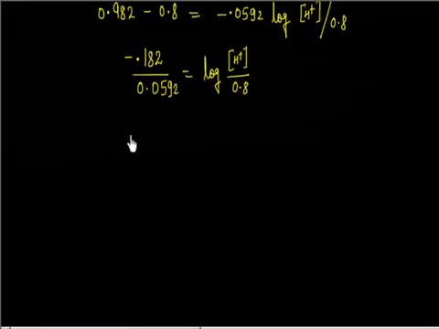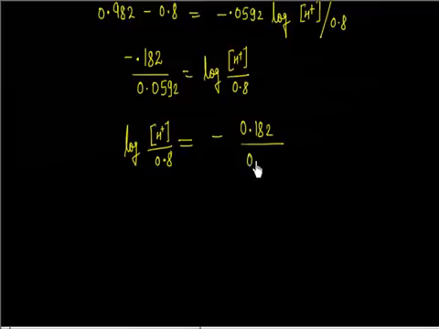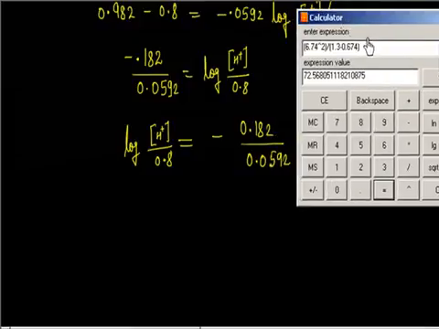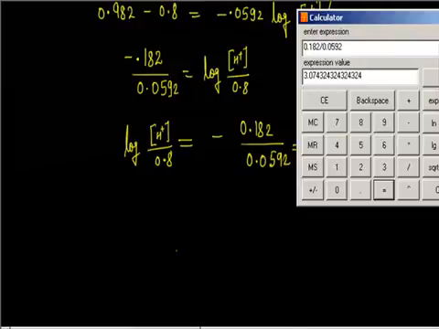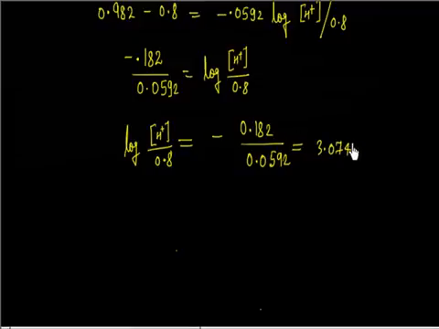So log of H plus divided by 0.8 equals minus 0.182 divided by 0.0592. Calculating this value gives about 3.074, or 3.0743, but two digits is enough.